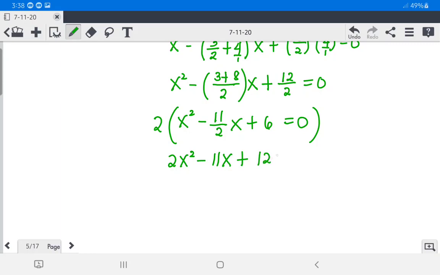Where do we get this? So 2 times x squared, we have 2x squared. 2 times negative 11 over 2, that is negative 11 only because you cancel 2. Then 2 times 6, we have 12. Then equals 0.